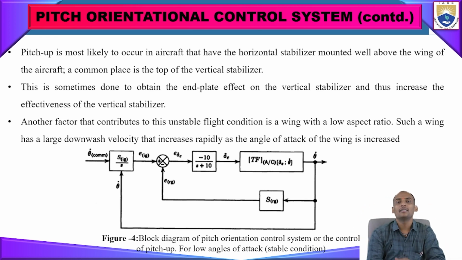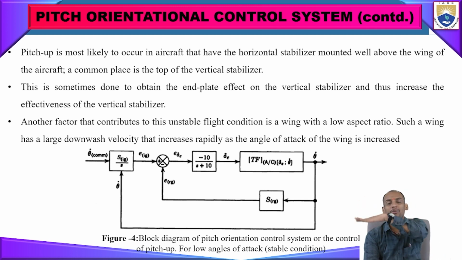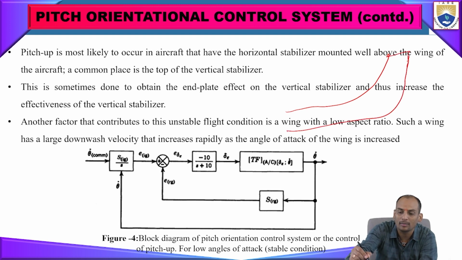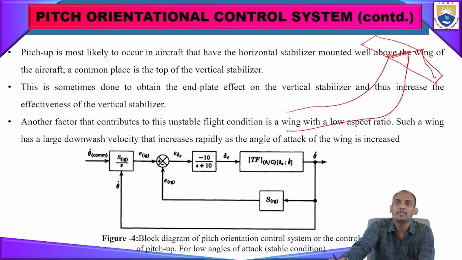The position of the tail part and the position of the horizontal stabilizer also play an important role. So see, this is the vertical stabilizer, and if the horizontal stabilizer is on the top of the aircraft, then the aircraft will mostly be in stable condition.